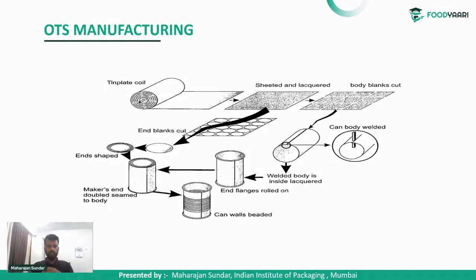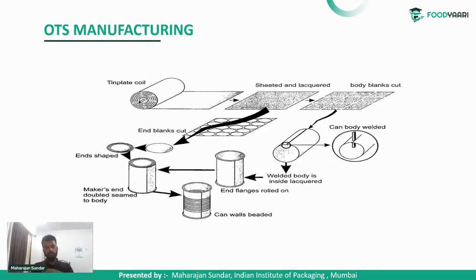Then after flanging, the body will be beaded. You all may have wondered why the tin plate containers holding rasamalai or gulab jamun have a series of stripes, a series of circles in them.